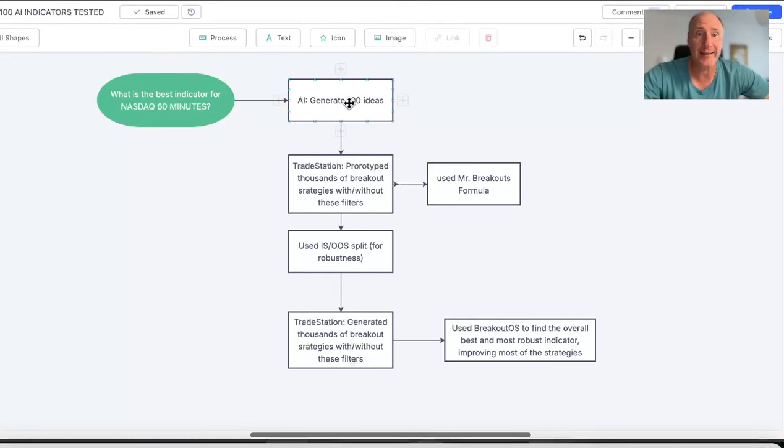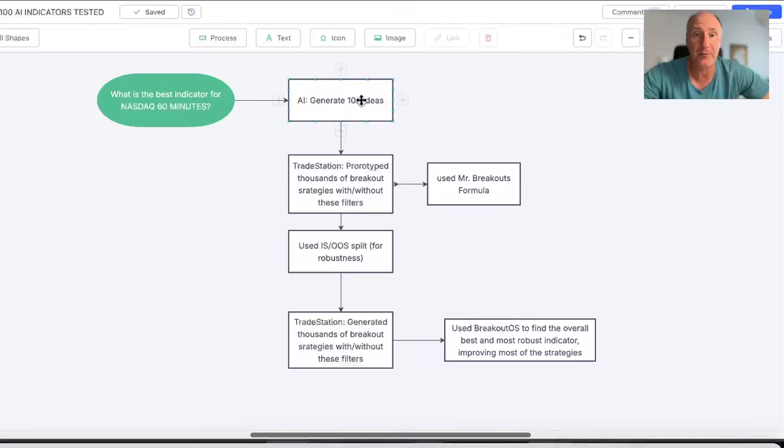So what I did, I actually asked AI, and specifically I asked Gemini to generate 100 different ideas. So I said, hey Gemini, I want to do a test, generate 100 filters based on 100 different logic of different indicators. So Gemini wrote a complete list of conditions for my trading platform. I'm using TradeStation, but you can do this for any platform you want. It's very straightforward, easy.